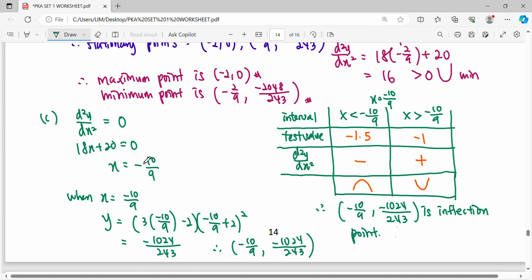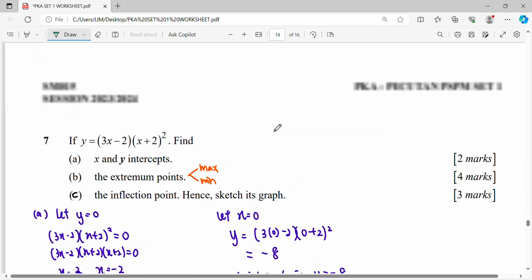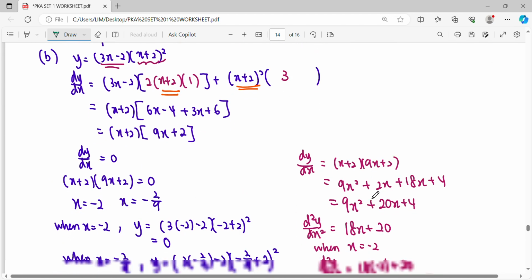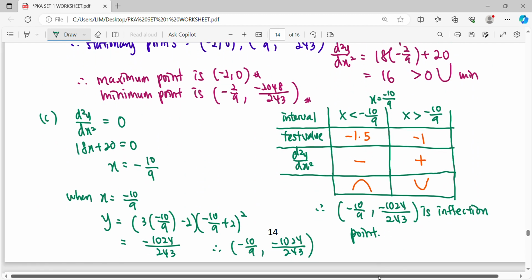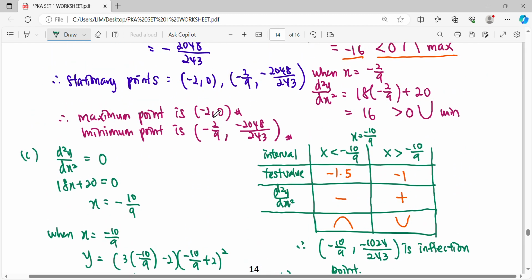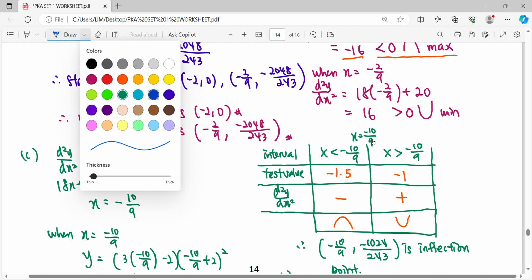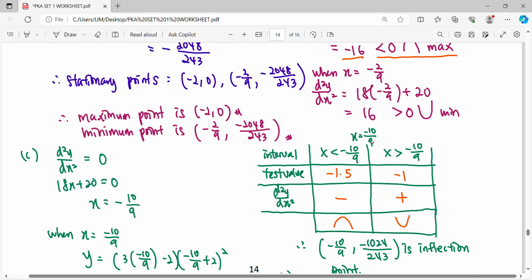Then lastly, we sketch the graph. With all these results, we know the inflection point. Before that, -2 is maximum. So you just imagine you have 3 points here, the -2, the left one, the one in the middle, and the right.